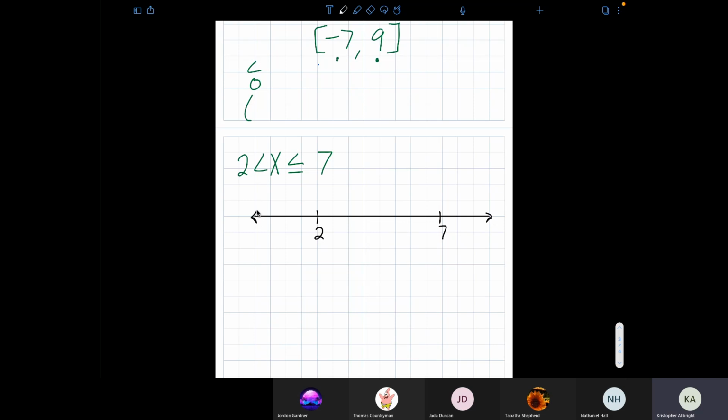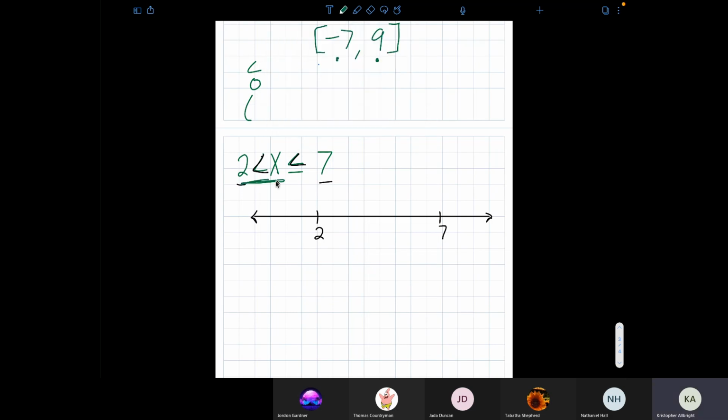And we say, okay, X is between these two, because that's pretty much what this means. When they line up like this and they all face the same direction and X is in the middle, that just means that X is between them. And it goes in this order, so 2 has to be the least and 7 has to be the most. So we're saying, okay, X has to be bigger than 2.